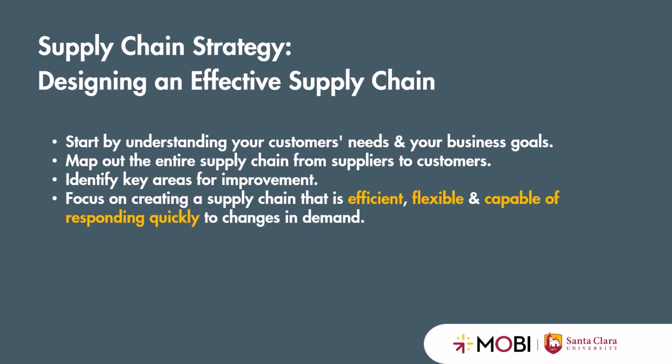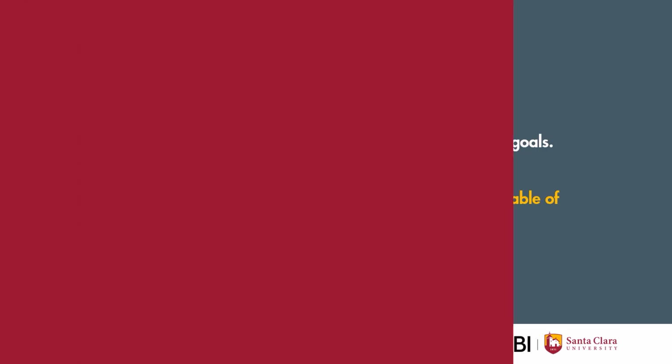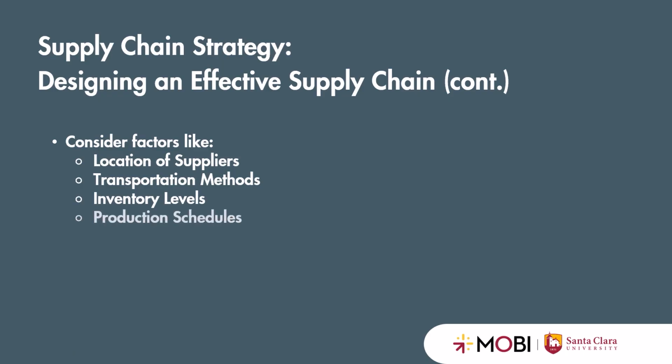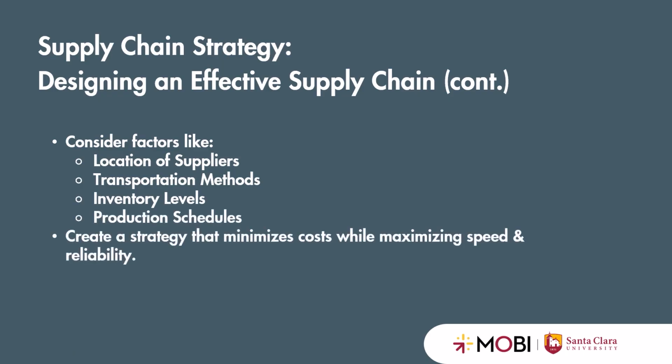Focus on creating a supply chain that is efficient, flexible, and capable of responding quickly to changes in demand. Consider factors like location of suppliers, transportation methods, inventory levels, and production schedules. Use these insights to create a strategy that minimizes cost while maximizing speed and reliability.